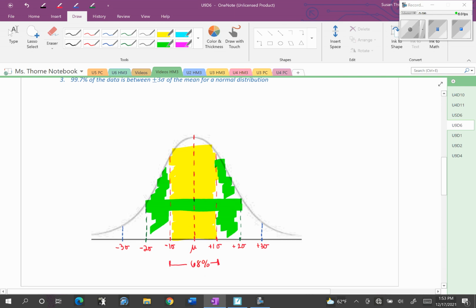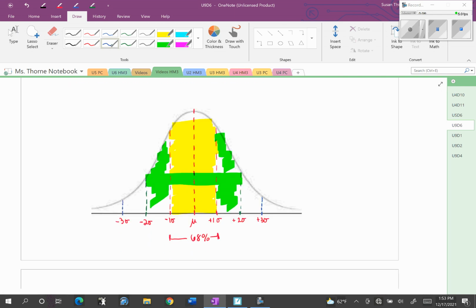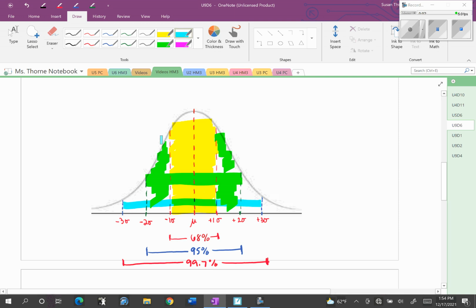So that would be from here, and that was 95% to here. And then the last one within 3 standard deviations is 99.7% of the data. So that would go from here all the way to here and include that whole area underneath the curve.